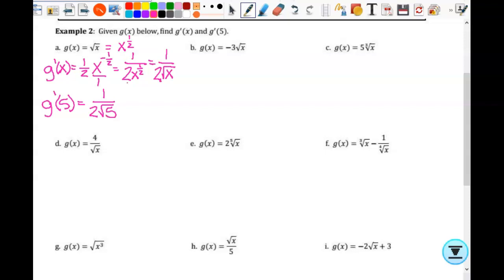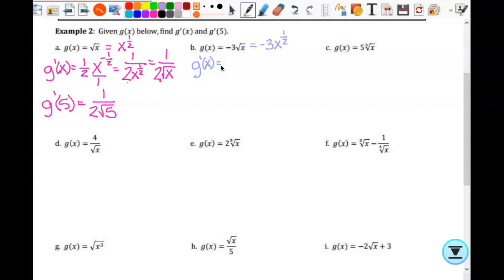All right, so let's see. We've got this negative 3 times the square root of x. So this is going to be equal to negative 3 times x to the 1/2 power. It's not the derivative. I'm just rewriting my original function so that it's easier for me to handle. Now I'm going to find g prime of x.